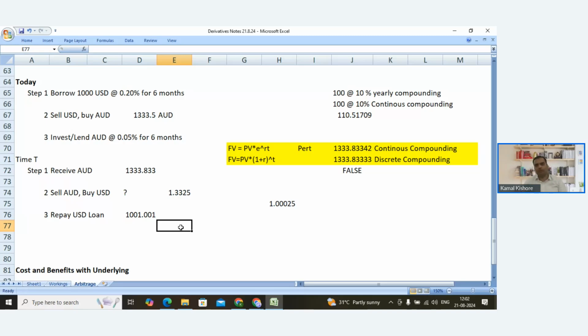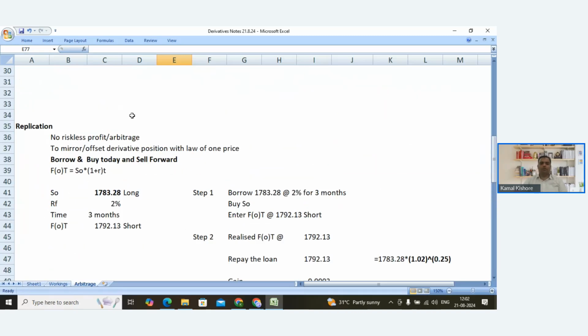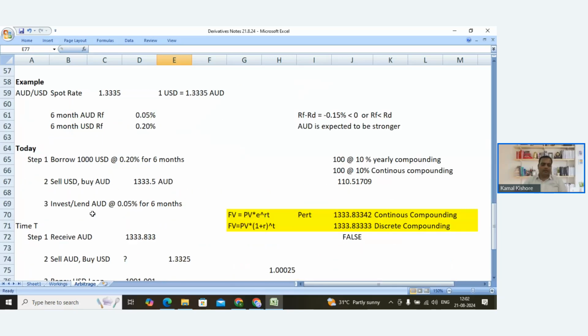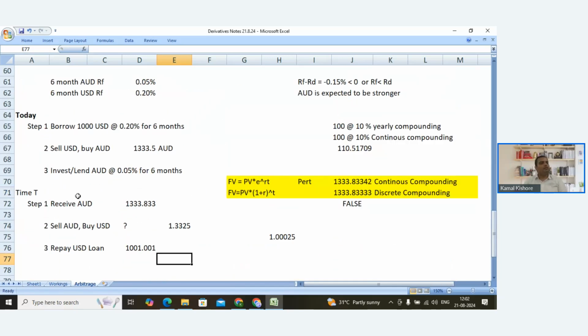This only, that is this. So one transaction we saw with your normal underlying, say gold or whatever be the product, with a forward contract. Another one we have seen is with the currency exchange rates. Clear? This one is clear.